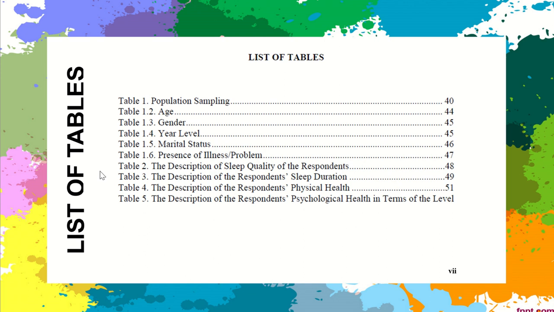So, a list of tables shows each of the tables that you use in your thesis with their page numbers. So, kailan lang yung tables na meron ka in your research paper, yun lang yung i-include. So, yung table title lang, for example, table 1. So, the title is Population and Sampling. What's the page number? Okay? Table 1.2, Age. What is the title?